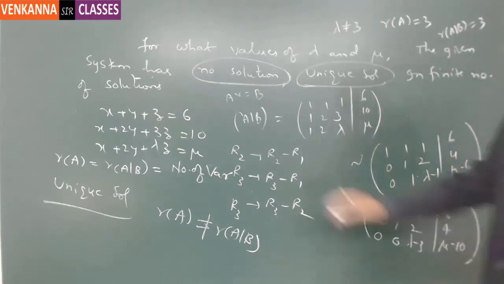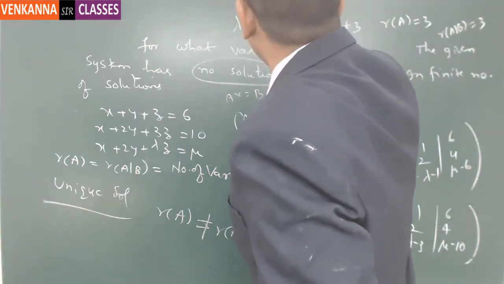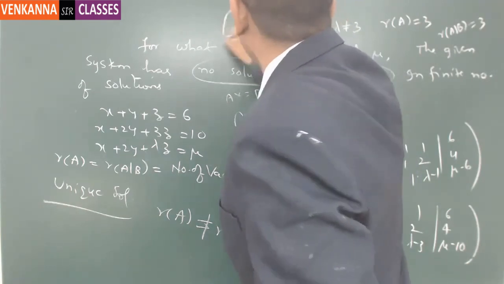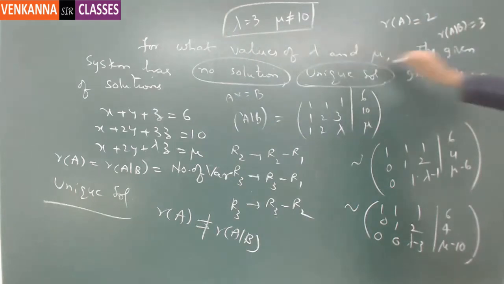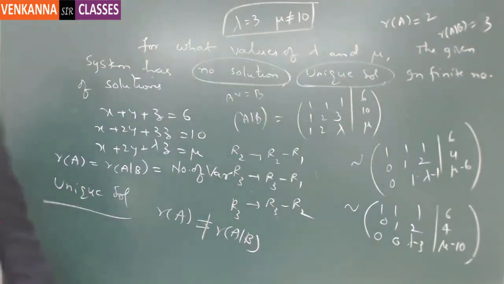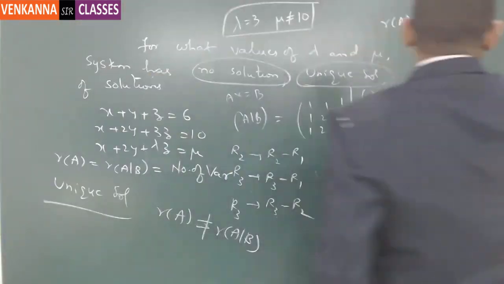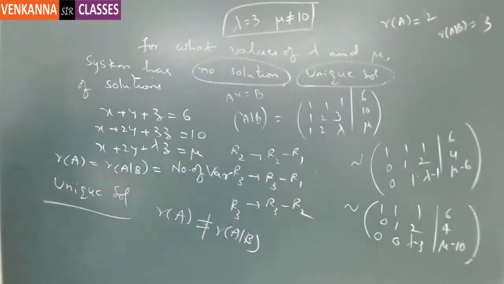So if lambda is equal to 3 and mu is not equal to 10, then rank of A is equal to 2 and rank of A by B is equal to 3. So the given system has no solution because it is inconsistent, as rank of A is not equal to rank of A by B. Okay?